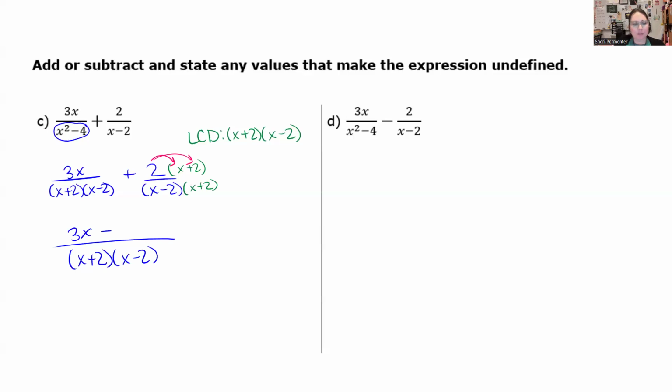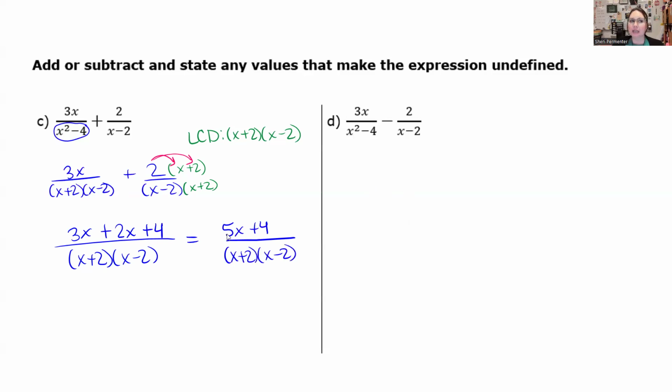And I have 3X plus 2 times X is 2X. 2 times 2 is 4. I can put this together. 3 and 2 make 5X plus 4 all over X plus 2, X minus 2.